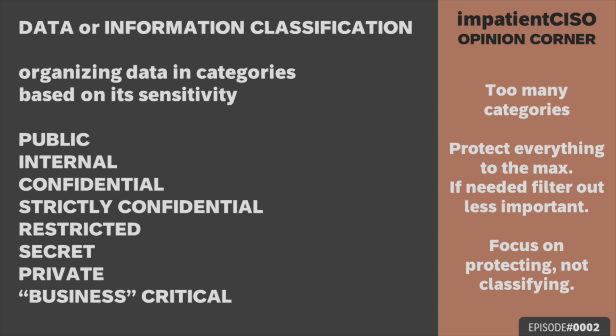Therefore, the last thought here is focus on protecting and not classifying, because of over-engineering the whole process. You may have to have asset managers that look at all these things, and every asset has to be reclassified. Yes, there are tools, there's automation, sure. There's a lot of stuff in the industry that you can buy.